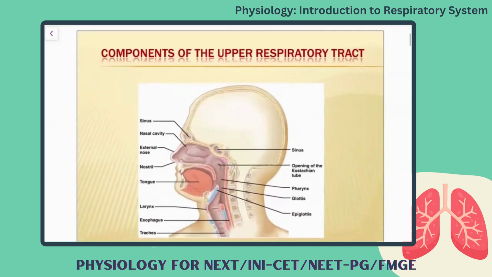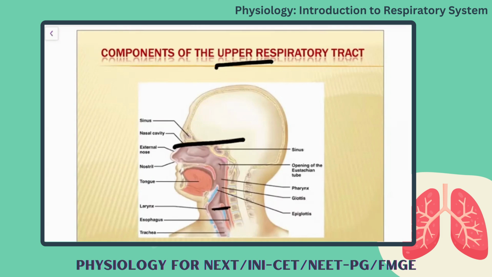Before going into the mechanism of how respiration takes place, we divide the respiratory tract into the upper respiratory tract and the lower respiratory tract. The structures from the nose till the larynx, you term as the upper respiratory tract structures.